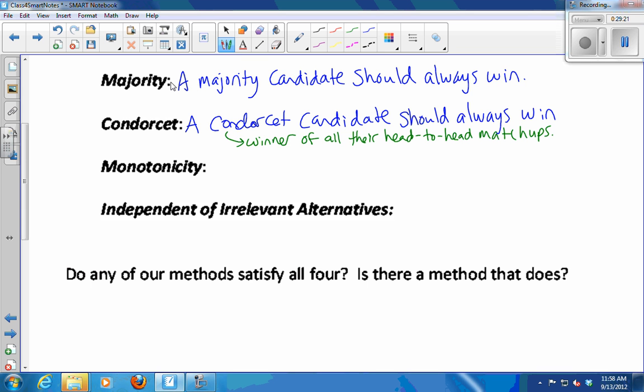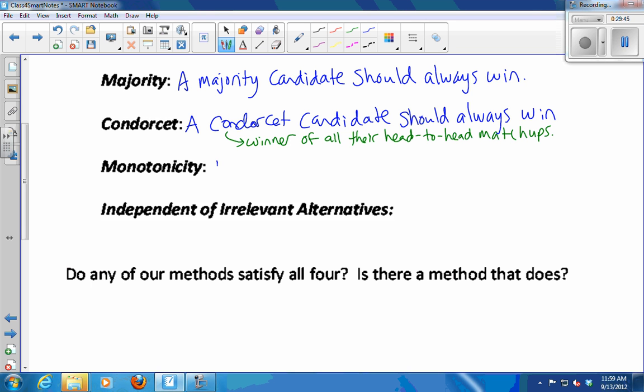Always. It doesn't always happen. So the monotonicity criterion, that's the revote or the recount one, where if there's a vote and the only changes between that vote and a revote are positive for the winner, then the candidate should remain the winner.